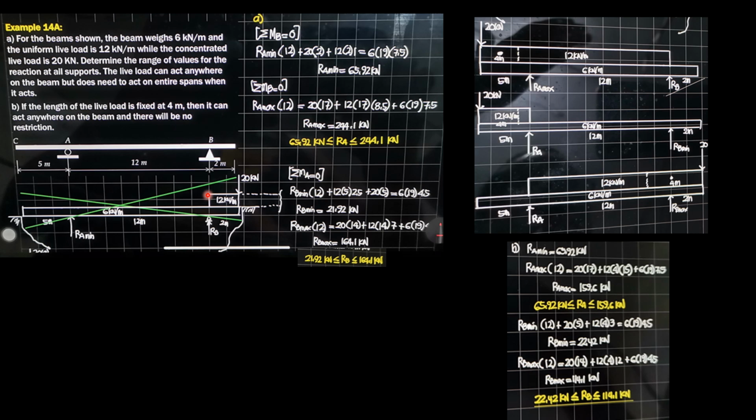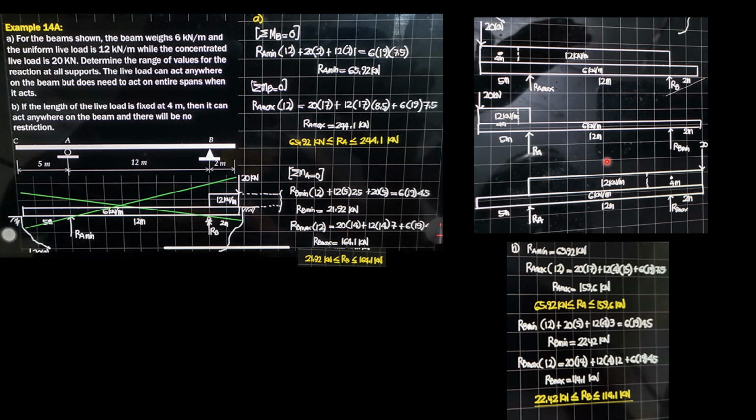Do not put part of the 4 meter length live load in this portion here because the ordinate is already positive. It will not make RA minimum for that case. So this is for influence line for RA.